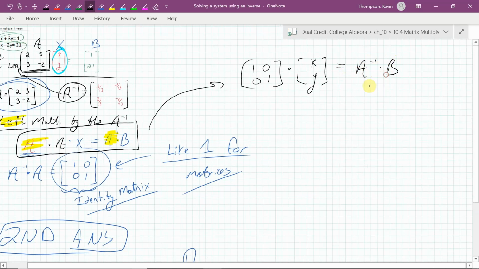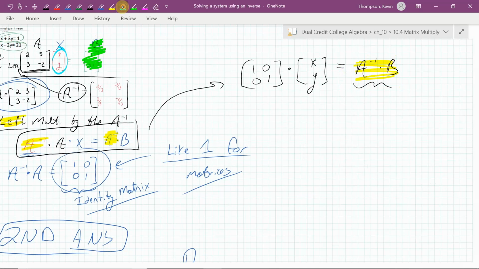Well, we haven't done this calculation yet, right? So if you take your calculators, go ahead and put matrix B back in, and then calculate A inverse times B. I can see it should be a 2 by 1, right?